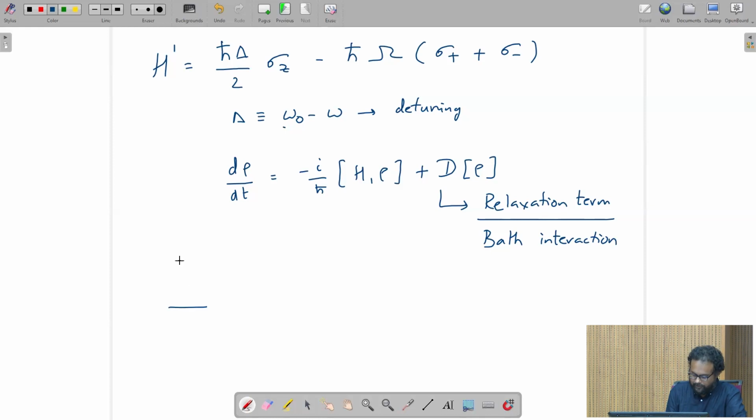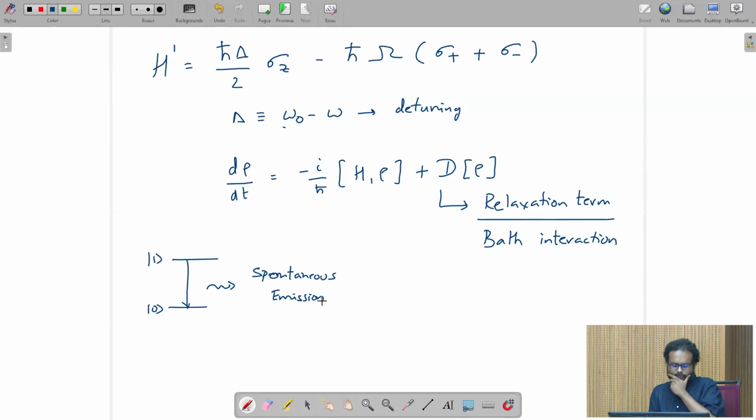So you have some ground state, some excited state, this comes back by emitting photon, and this is what is referred to as spontaneous emission.